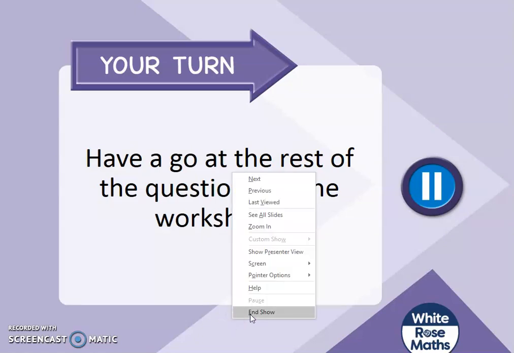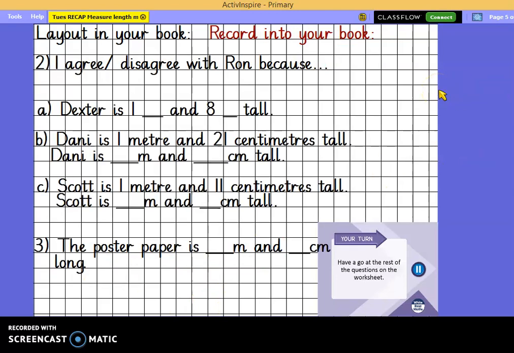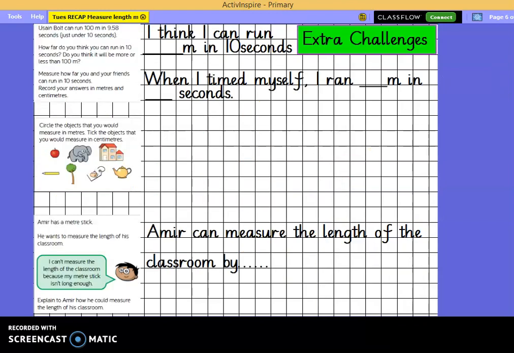It's your turn now to have a go at the rest of the questions on the worksheet. Here's how I'd like you to lay it out in your book. For example, number 2, I agree, or I disagree with Ron because, and give your reason. I've shown you how to lay it out for each of those, and I'd like you to record your answers in your book.